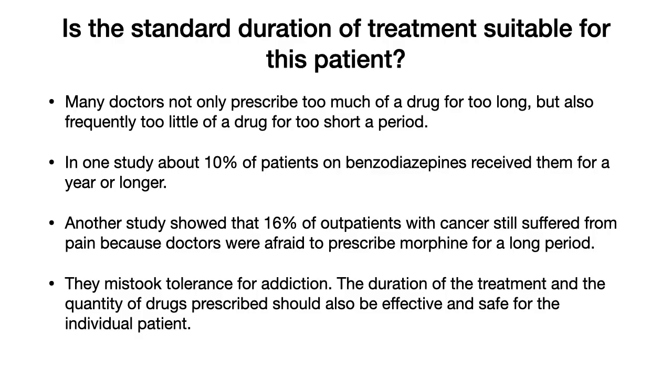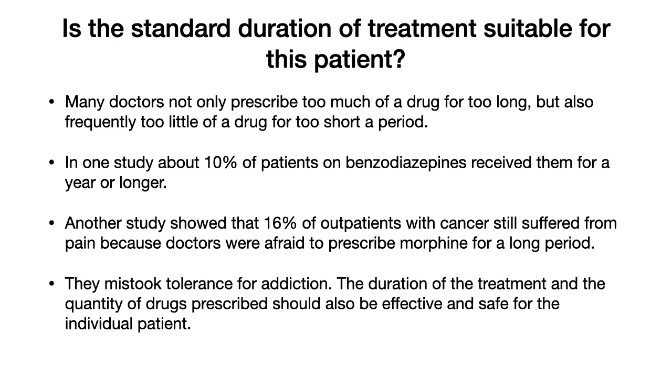Is the standard duration of treatment suitable for this patient? Many doctors not only prescribe too much drug for too long, but also frequently too little for too short a period. In one study, about 10% of patients on benzodiazepines received them for 1 year or longer.